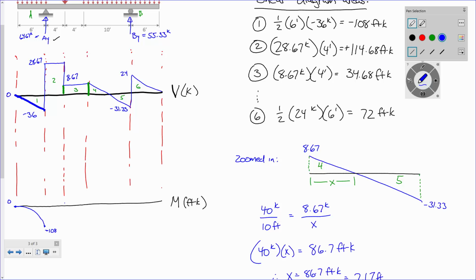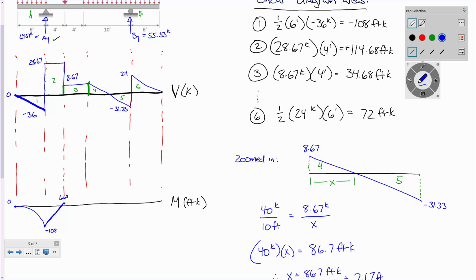Okay, yeah, so that's going to be right there, 6.68. Okay? Now, what does the shear diagram look like in that region? It's constant, right? Constant shear, constant slope. So that's my straight line.